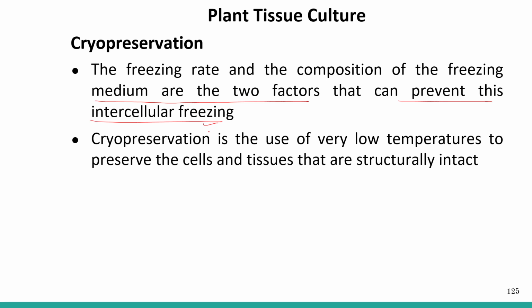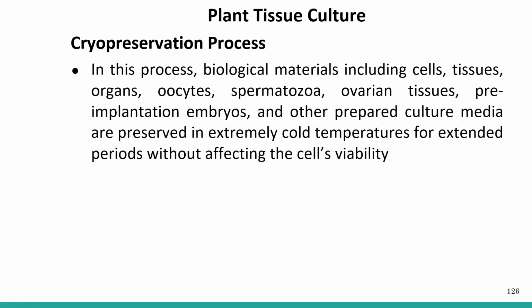Cryopreservation is the use of very low temperatures to preserve cells and tissue that are structurally intact. In this process, biological materials including cells, tissue, organs, oocytes, spermatozoa, ovarian tissue, pre-implantation embryos and other prepared culture media are preserved in extremely cold temperature for an extended period without affecting the cells' viability.